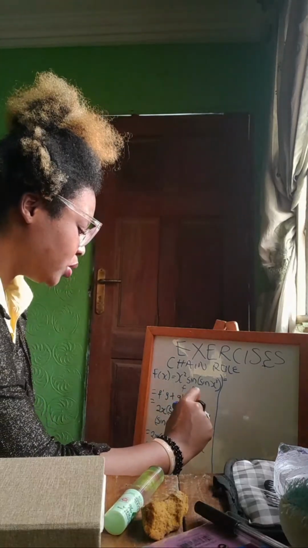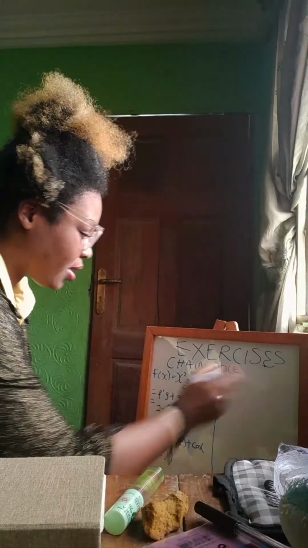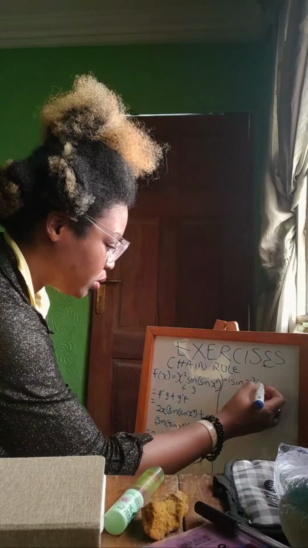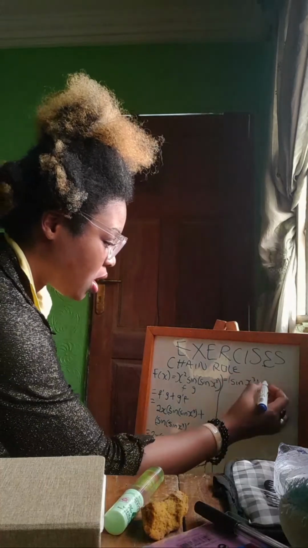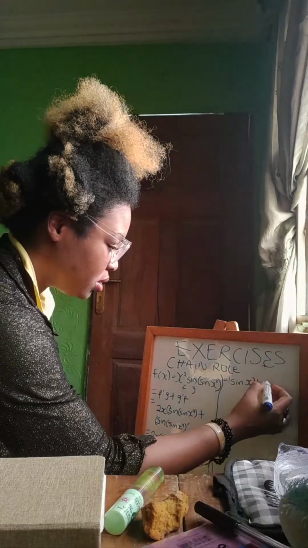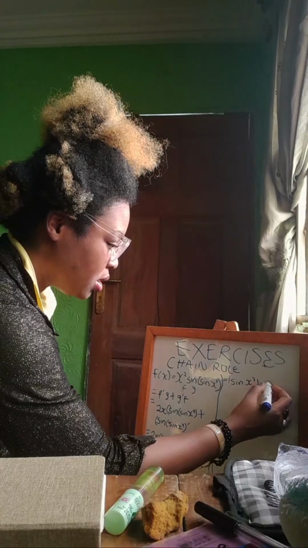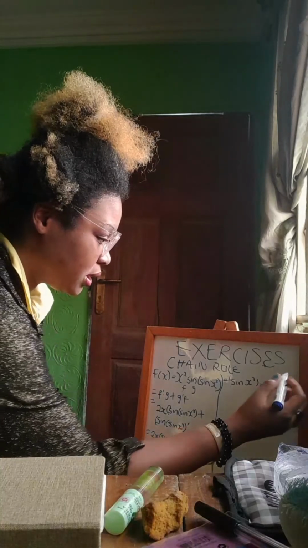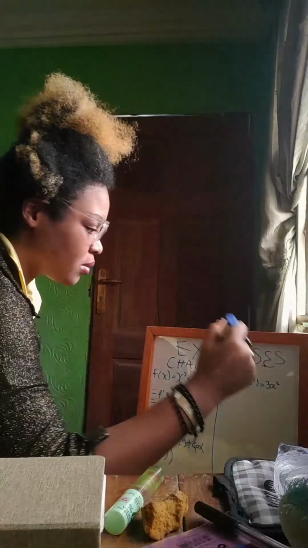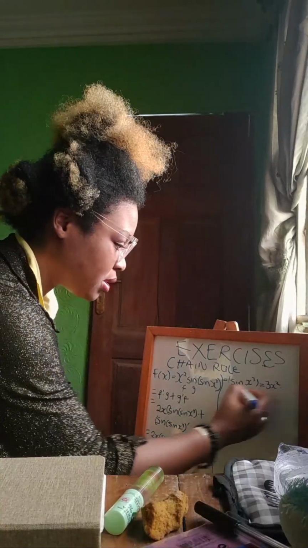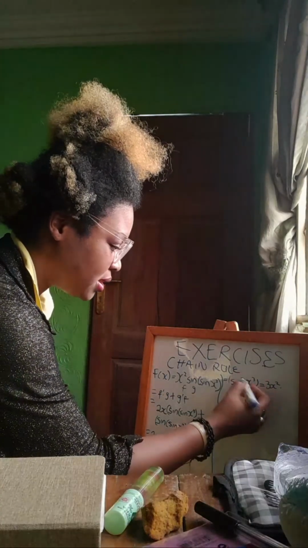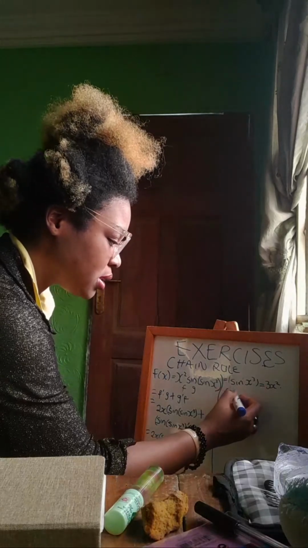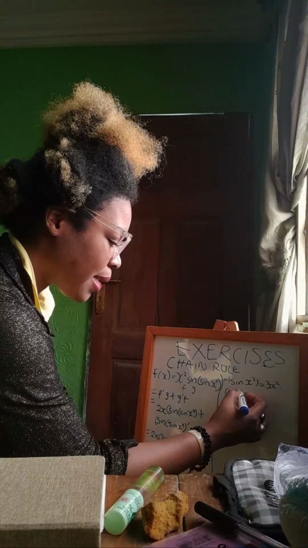So sine x cube prime will be equal to, solve this one, that is 3x squared, times solving sine itself, it will be cos.